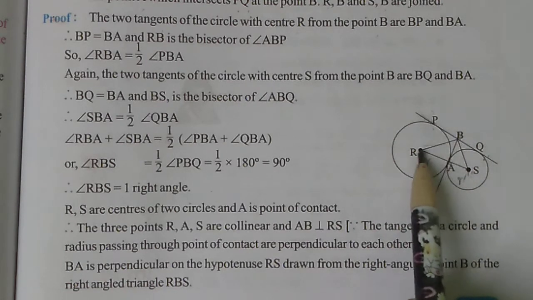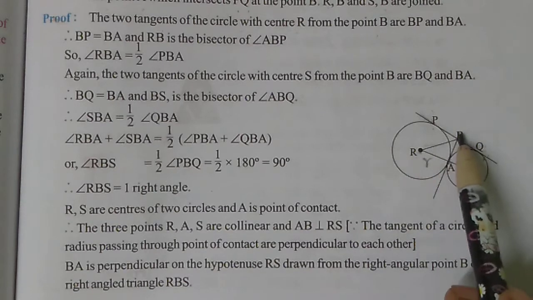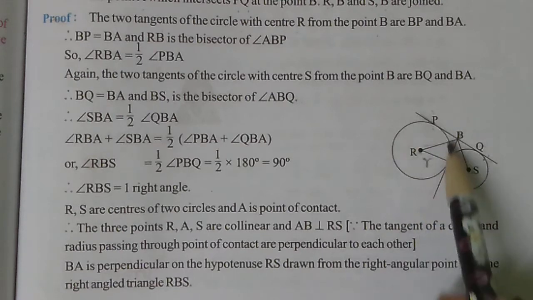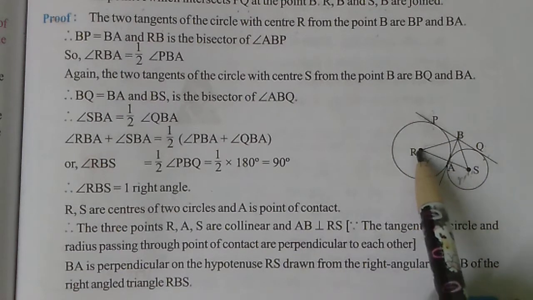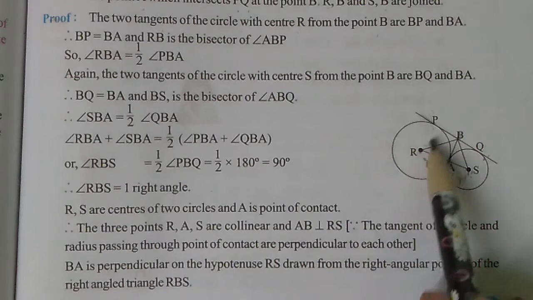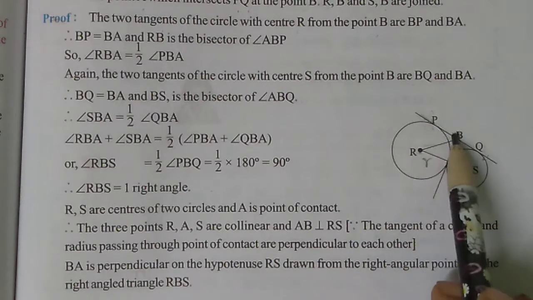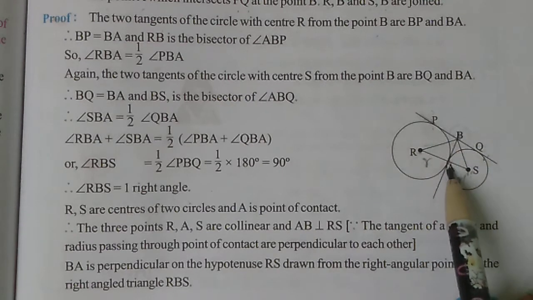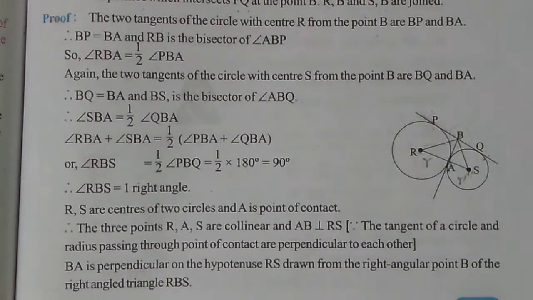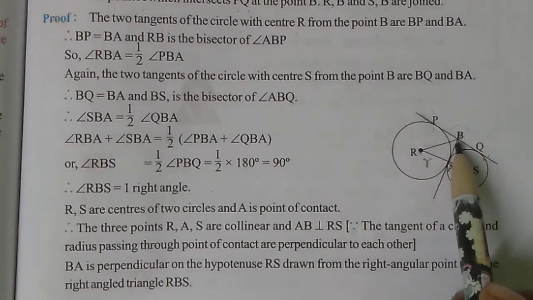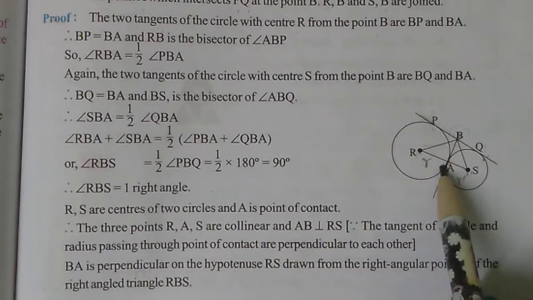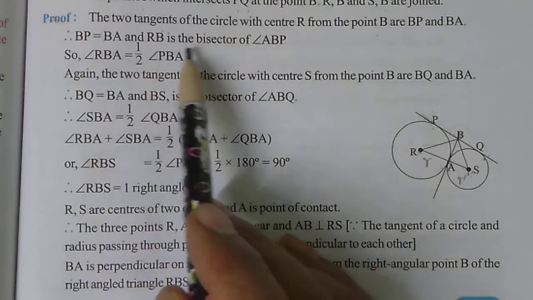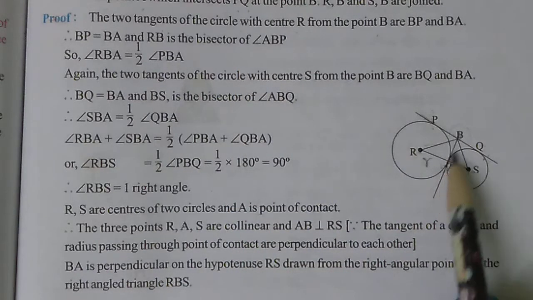Hence we know that from an external point we can draw two tangents on a circle. For this circle with center R, B is the external point, and PB and BA are the two tangents. Hence we note that PB equals BA, and RB is the bisector of the angle ABP.